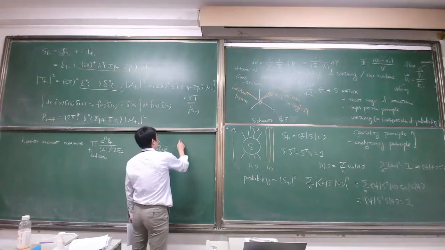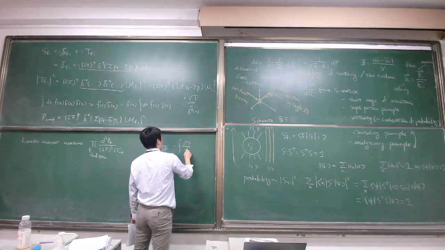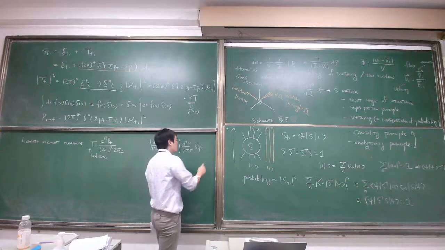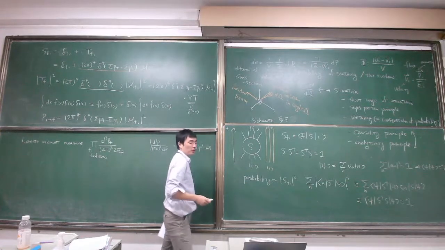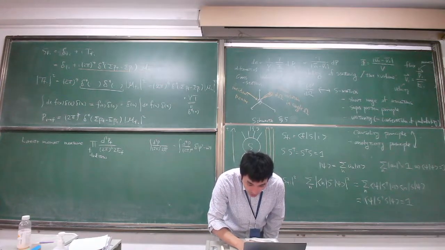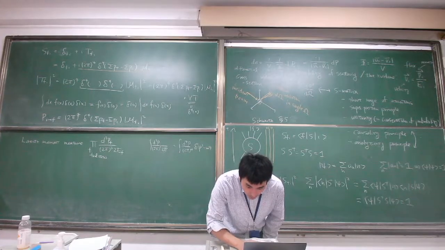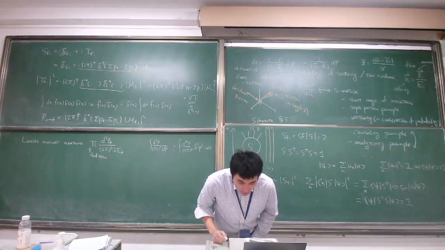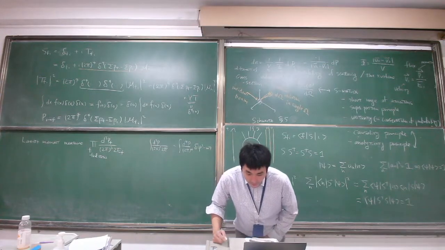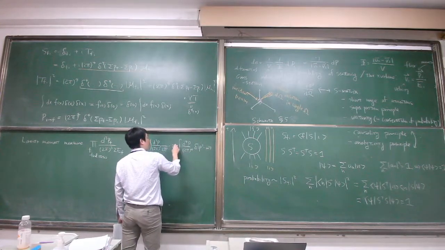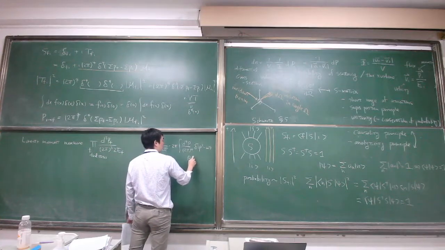It is equal to d^4p over (2 pi)^4 times delta(p squared minus m squared), as far as I remember. Let me check my lecture note, I explained this somewhere in the lecture note. Okay, I think what I have written is roughly correct, times 2 pi and then the Heaviside function of p naught.